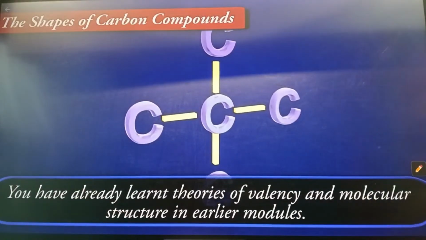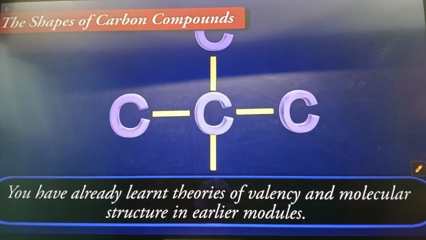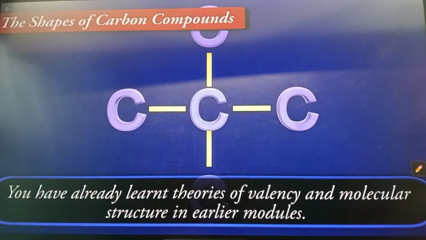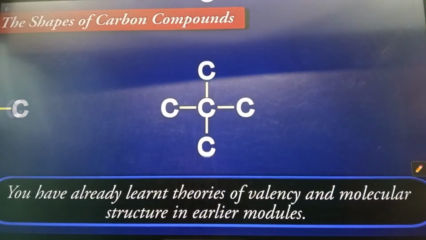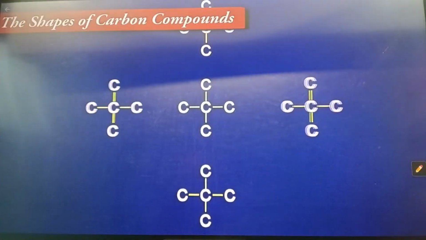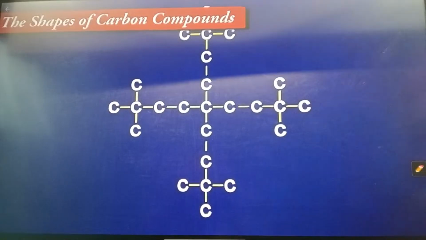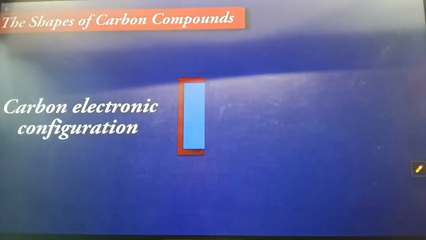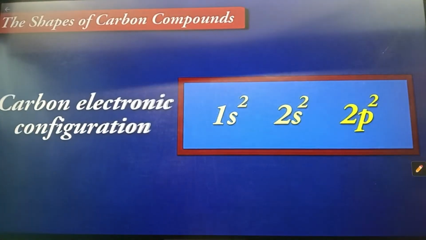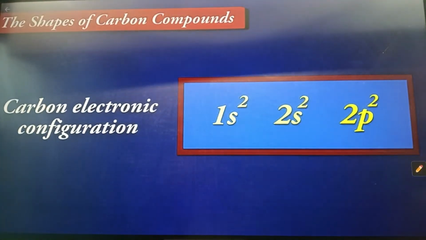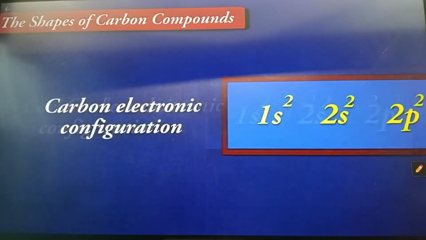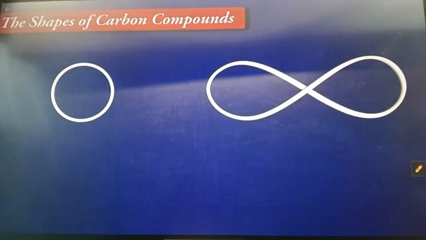You have already learned the theories of valency and molecular structure in the earlier modules. Also, you already know that the tetravalence of carbon and the formation of covalent bonds by it are explained in terms of its electronic configuration and the hybridization of s and p orbitals.